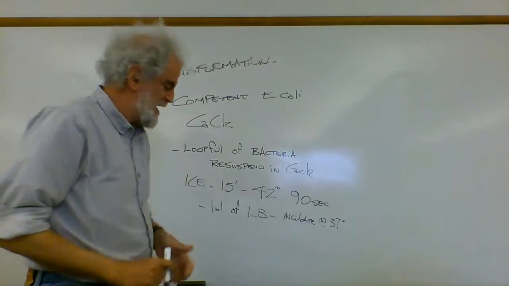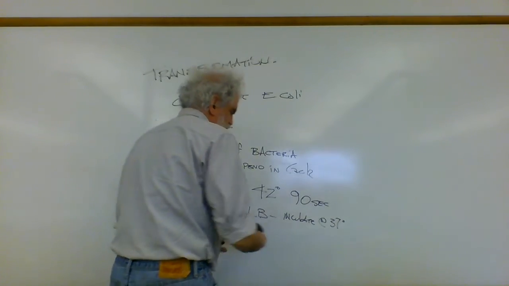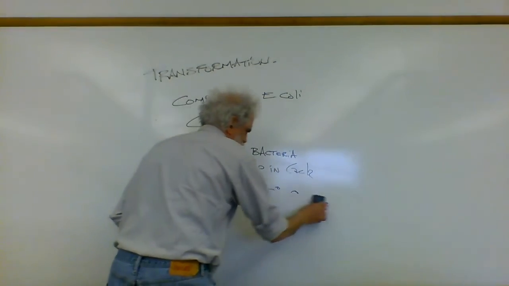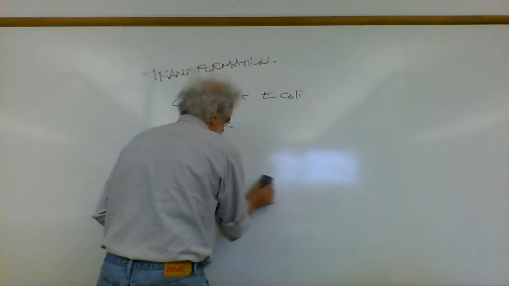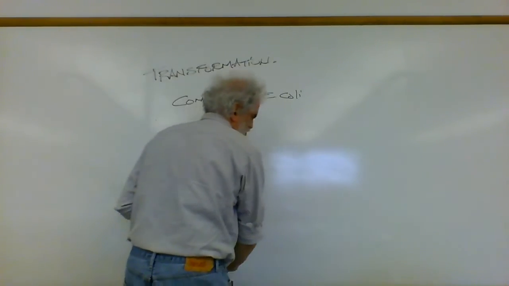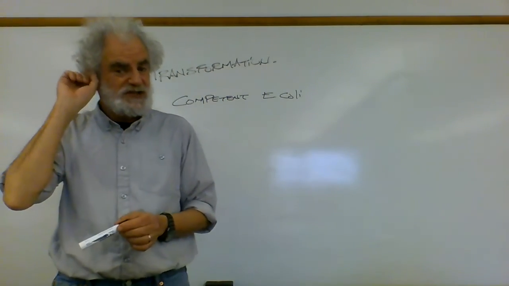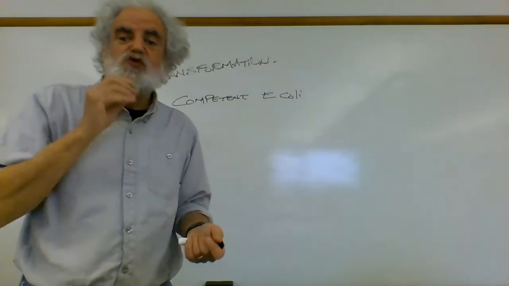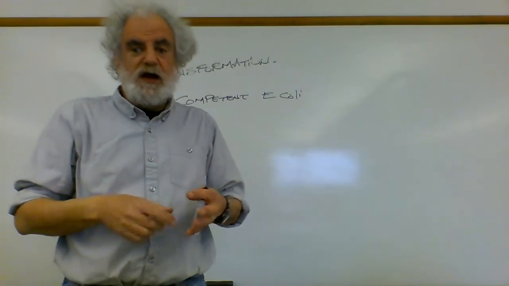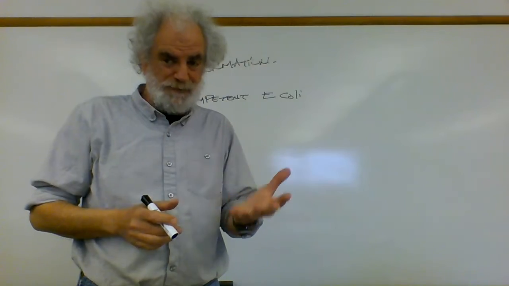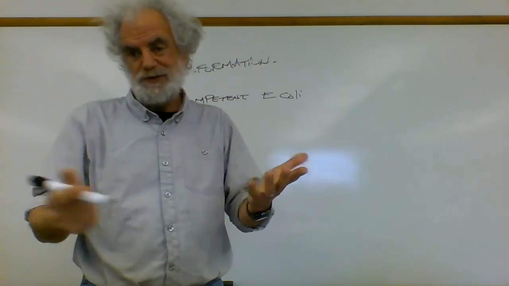Now, here is the key. The plasmid, as you recall, has the gene that confers antibiotic resistance. So we're going to, in fact, transform these bacteria from being sensitive to ampicillin to being resistant to ampicillin.